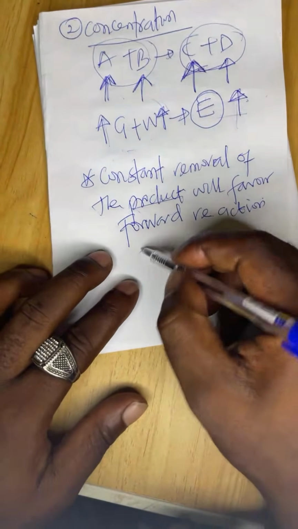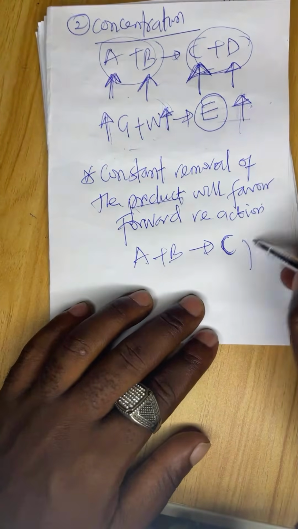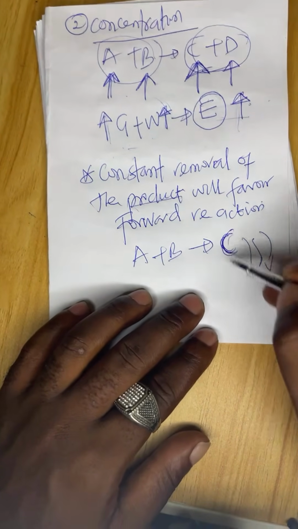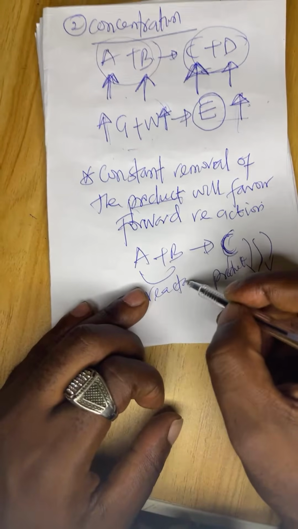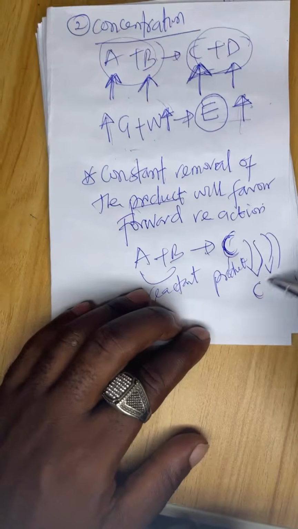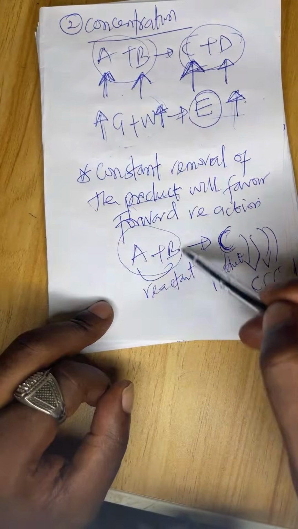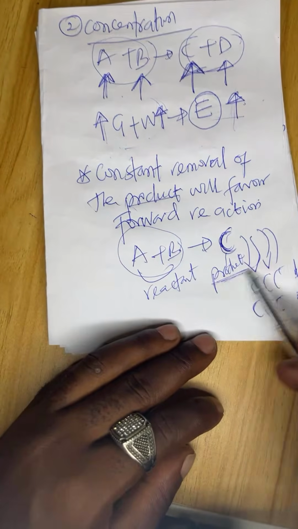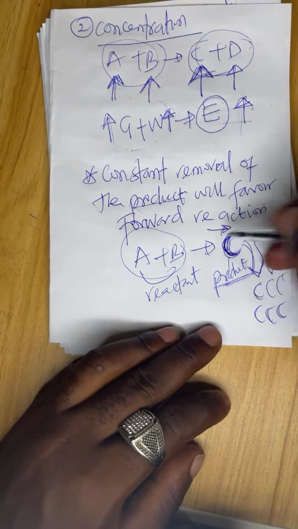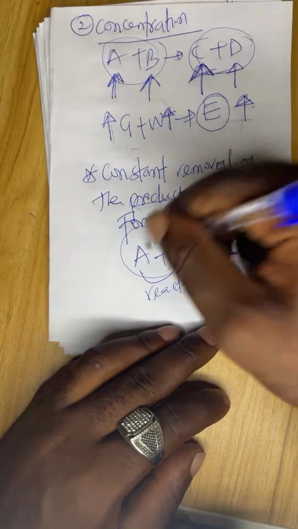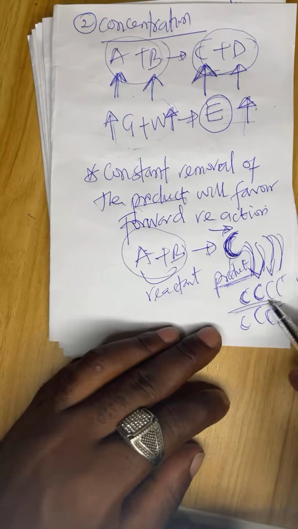If you react A plus B to form C, where C is the product and A and B are the reactants, and you constantly remove C, eventually you will exhaust A and B. You don't care, because you just want to form more of C. So constant removal of the product will favor the forward reaction.